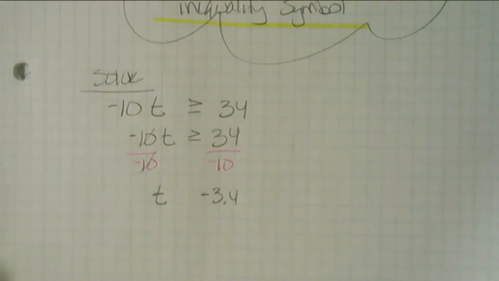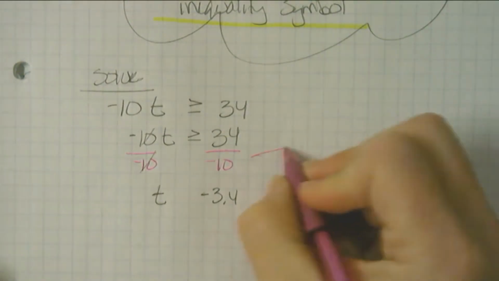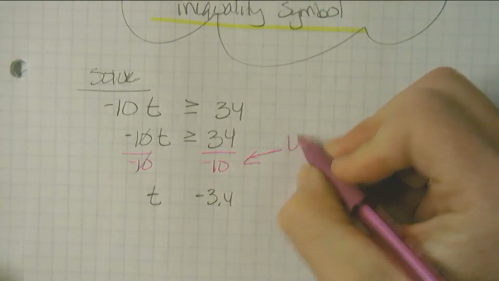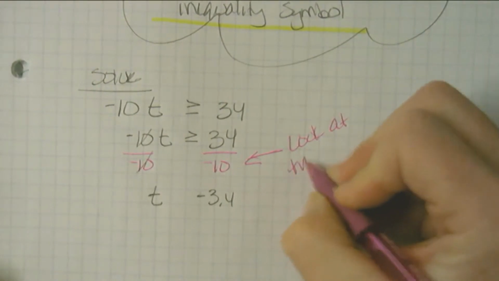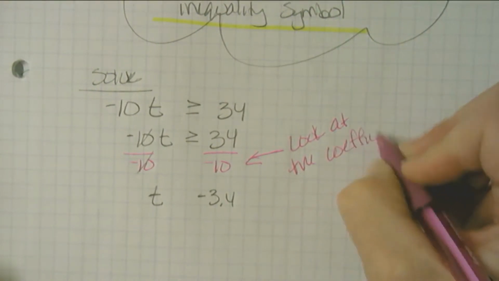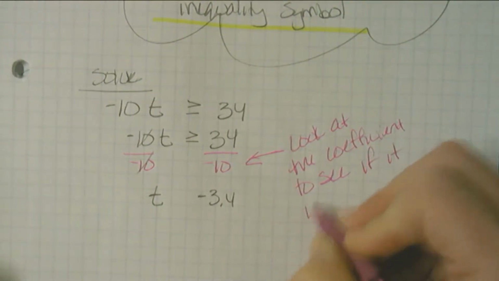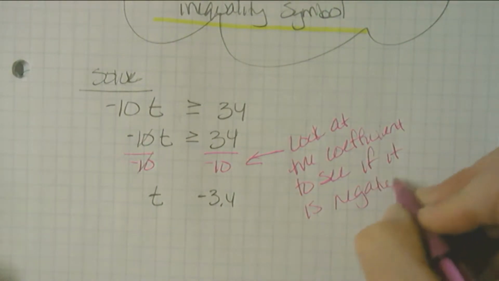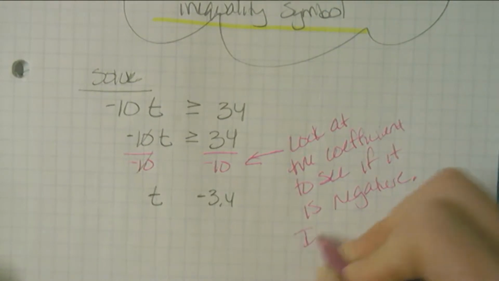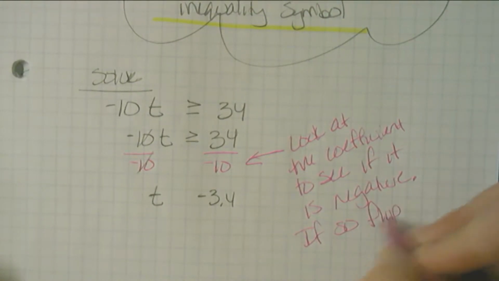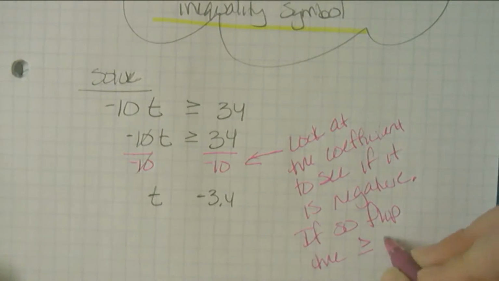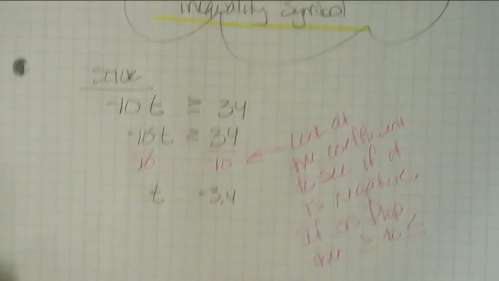So it's at this point that we need to look at the coefficient to see if it is negative. If so, flip the greater than or equal to to less than or equal to.